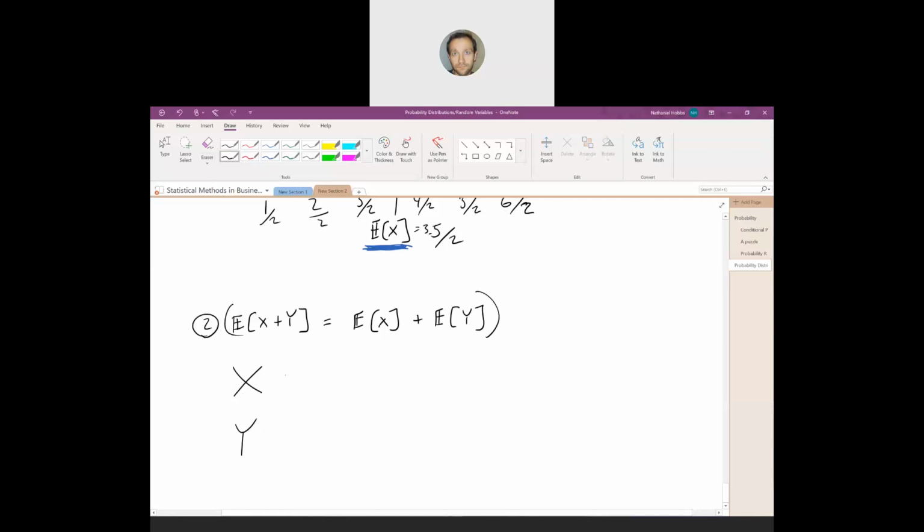what are the different payouts for game X? Let's say that X is flipping a coin, and if you get heads, you get a certain amount of money.